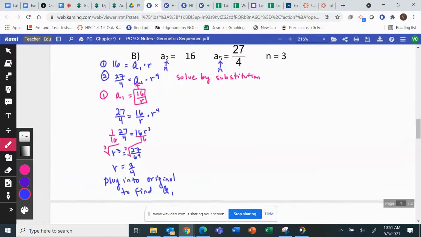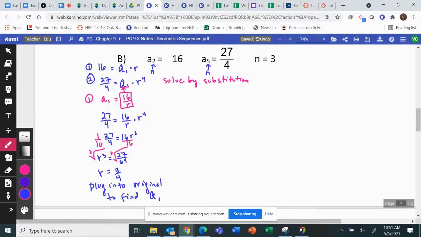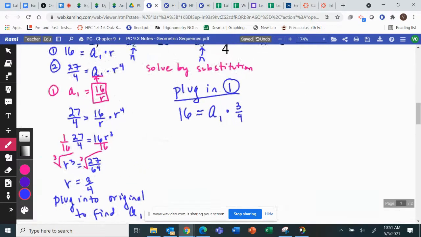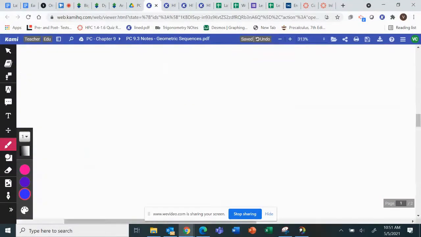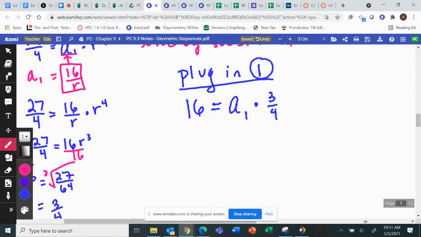It doesn't matter which original you plug it in, so I'm just going to choose plugging into 1. 16 equals a sub 1 multiplied by 3/4. So I'll multiply both sides by 4/3 to get a sub 1 by itself. And I get 64/3.